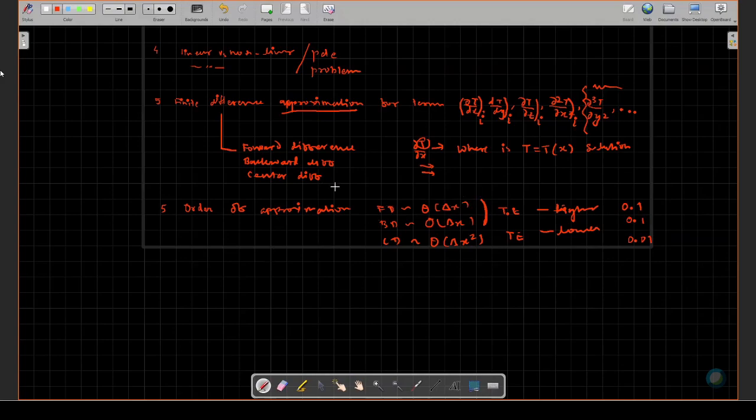Now in these cases, forward difference and backward difference, suppose you have any function given like that. Now you are calculating the derivative dT by dx at any x, suppose at the ith location.